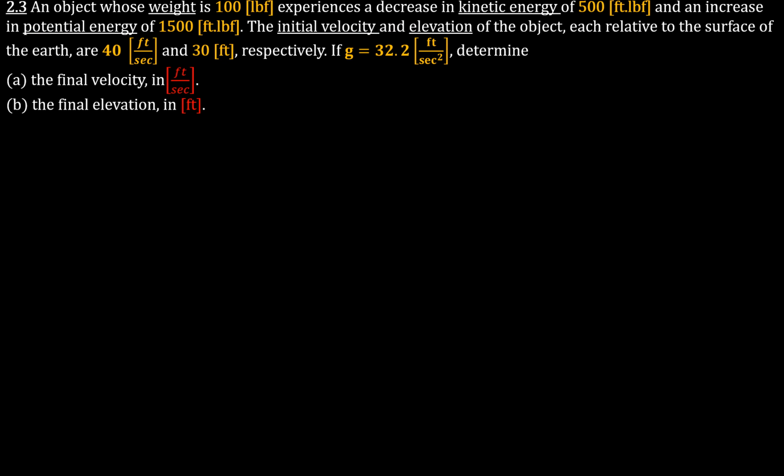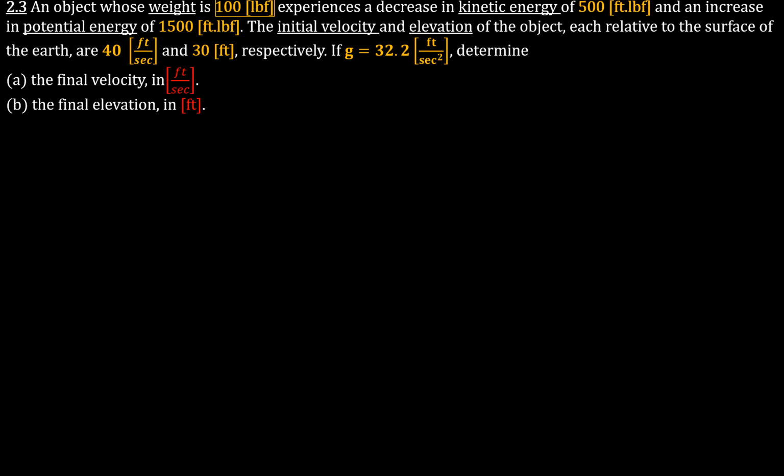All right, problem 2.3. Here we have an object whose weight is 100 pound force. And remember, weight is a force. It experiences a decrease in kinetic energy of 500 feet times pound force and an increase in potential energy of 1500 feet times pound force.